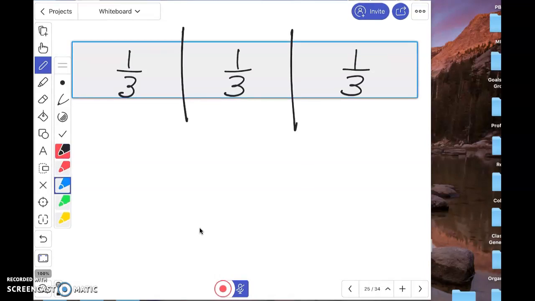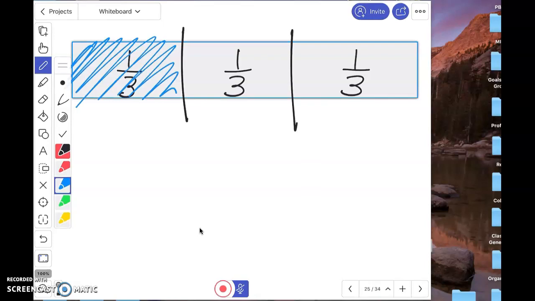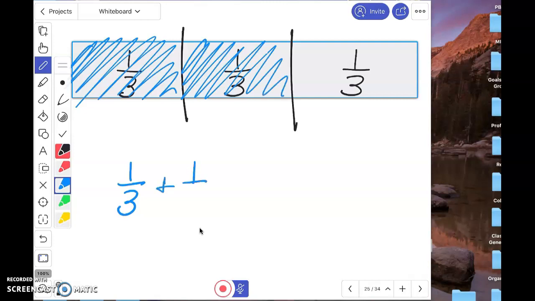If I get super duper hungry and I eat that part of the candy bar, I ate 1/3. If I eat another part of the candy bar, I've now eaten 2 of the 1/3, and that's a total of 2/3, because 1/3 plus 1/3 is 2/3. Piece of cake.